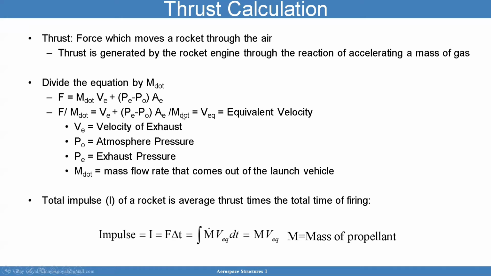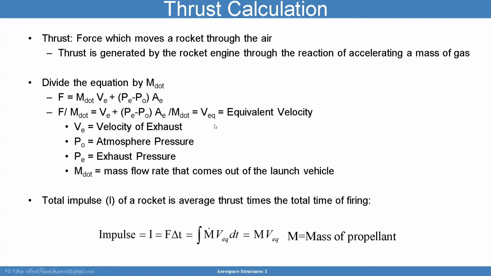If you take this equation, you make it equal to the equivalent velocity. This equivalent velocity is very convenient and is used to determine the total impulse of a rocket, which is basically the average thrust times the total time of firing.